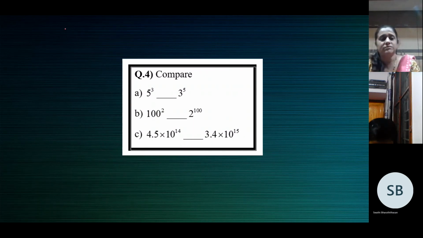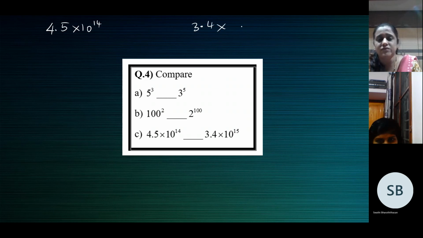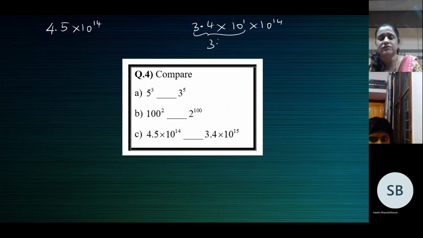No, see. The first one is 4.5 into 10 to the power 14. The second one, 3.4 into 10 to the power 15. We write it as 10 to the power 1 into 10 to the power 14. So on multiplying this, we get 34 into 10 to the power 14.